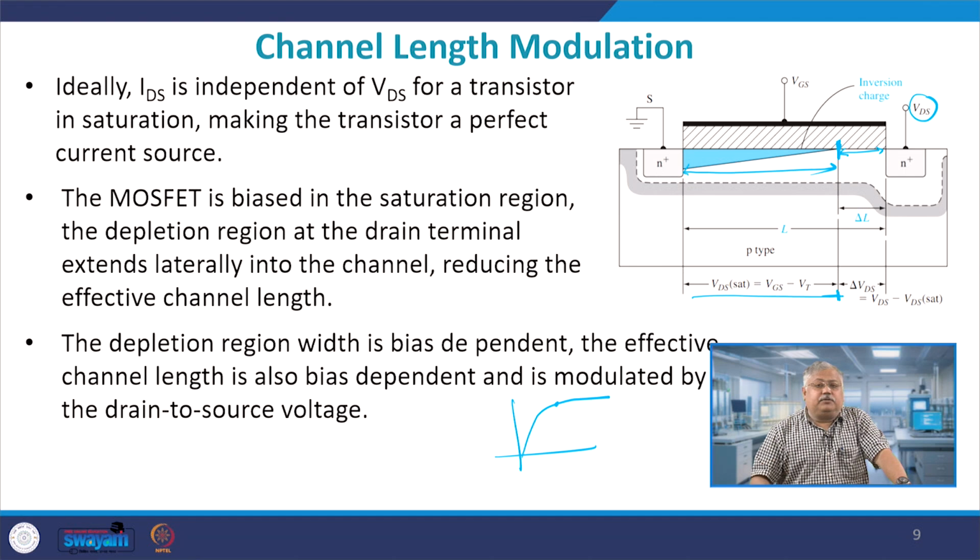This is the concept of the channel length modulation phenomenon, and effectively what we say is that in short channel devices with increasing value of VDS, my delta L goes on increasing, as a result my L effective goes on reducing and my current goes on increasing. Therefore, the behavior of the device at saturation is bias dependent, which was initially independent of the bias.